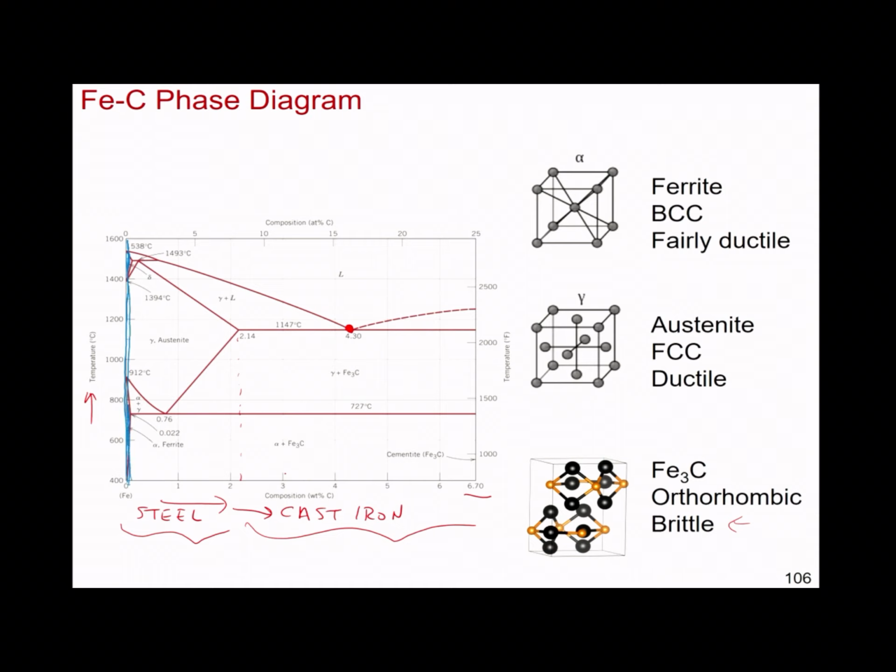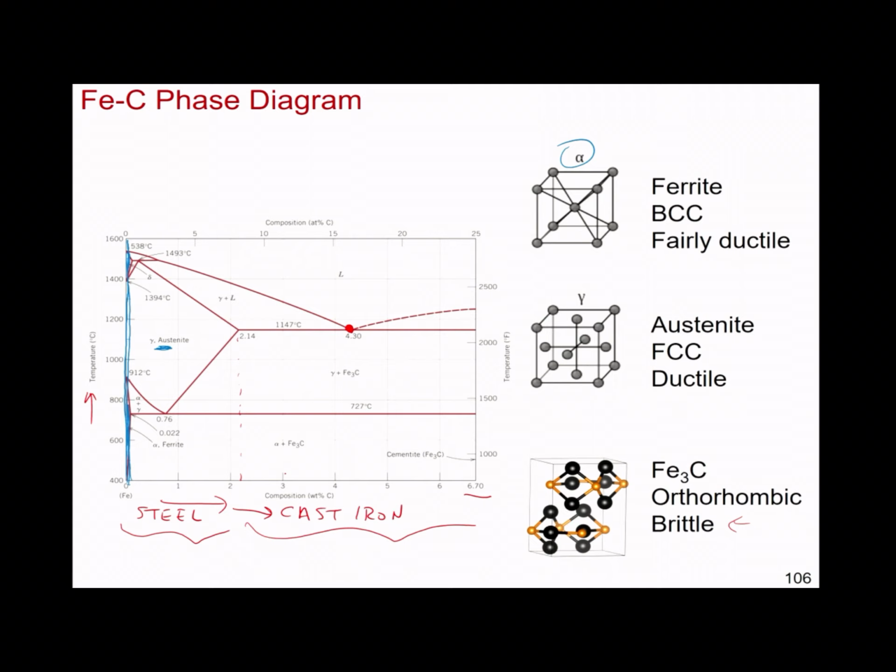We went from BCC alpha, so that's ferrite, to gamma, or FCC iron, or austenite. So there you see alpha, and then this delta region right here. So we went from solid to solid. And then upon cooling, we went from austenite to ferrite, or FCC to BCC. So at no point do we go through the liquid region.